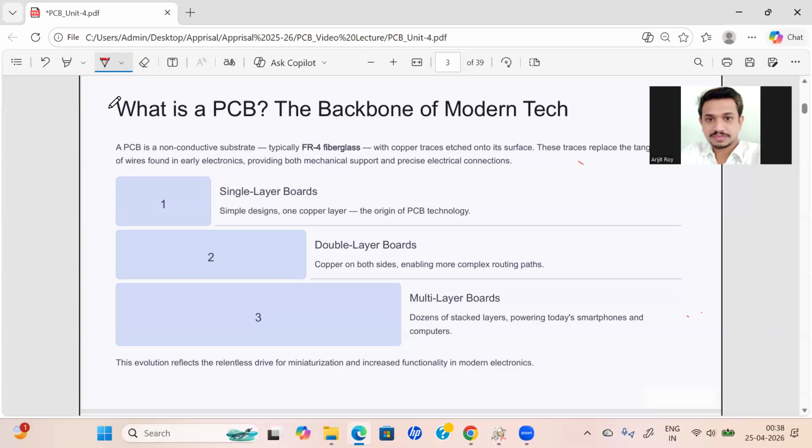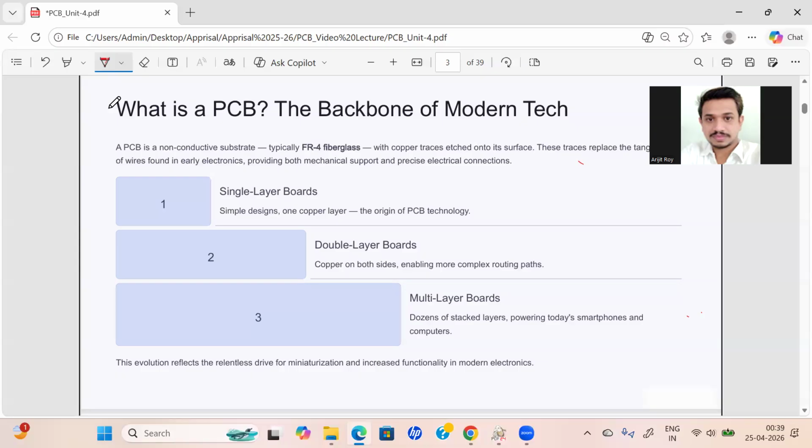Suppose if I use a smartphone or our television, it is not used for any particular application. It is for general. Television PCB is general, but when we use some healthcare application, the PCB we are going to design is very particular, very specific. Okay, so this is the classification of PCB based on use.